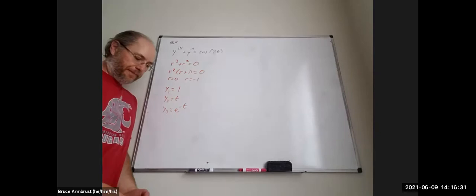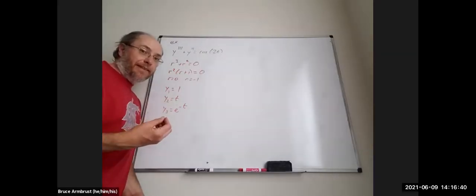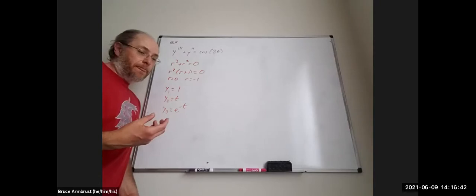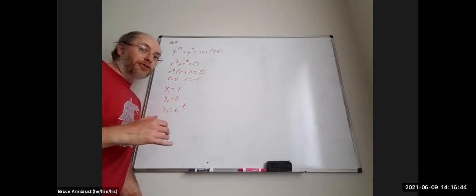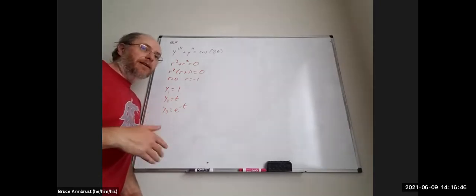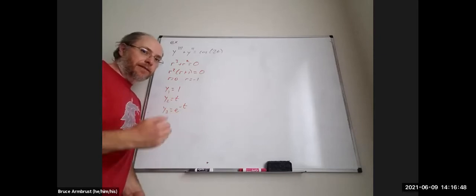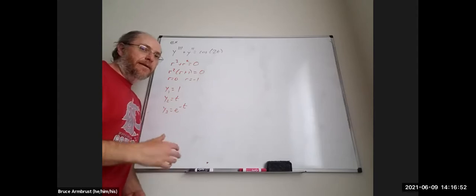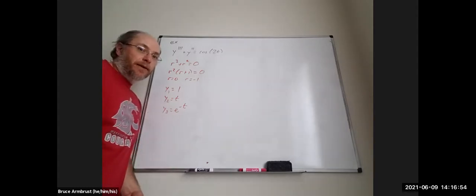Why is it not a C1? Why is it just a normal one? It will be a C1 when I put it together. When we actually form our solution, we write C1 times Y1 plus C2 times Y2 plus C3 times Y3, and that's when it'll turn into a C1.